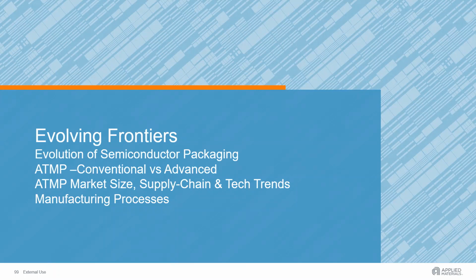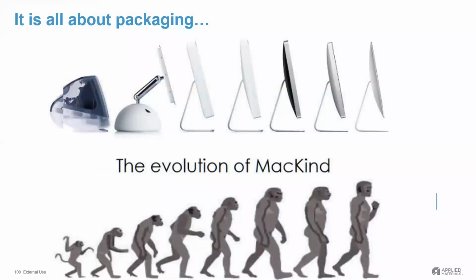And that is the function of the device packaging part of semiconductor manufacturing. That's what it has to do. If you actually take a look at it, packaging is really fundamental to our way of life.